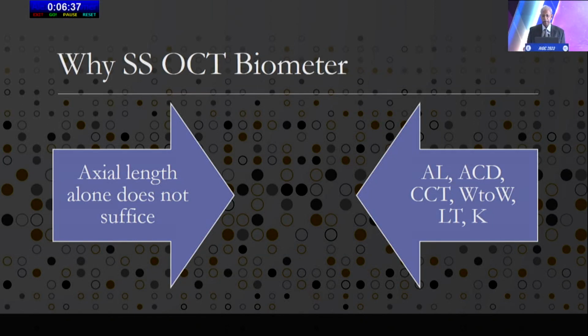As I told you, you need axial length, ACD, CCT, white to white, lens thickness, K values also. When we talk about K values, as Atheek had mentioned, we normally get only the anterior K from a keratometer. We need to get the posterior K, and you need to know the posterior refraction also, as well as the true K, to get the best out of the new formulae that we are all using.